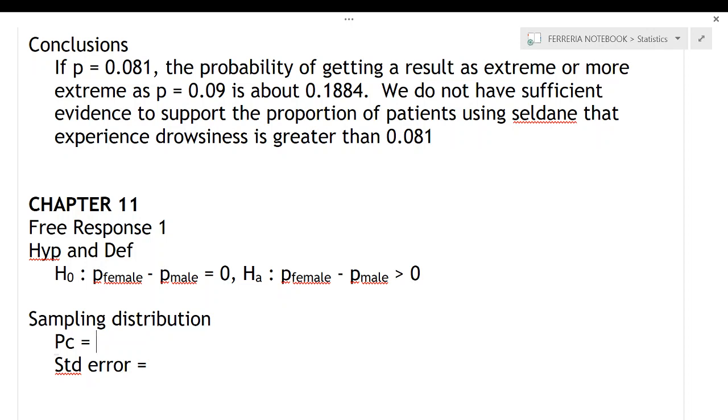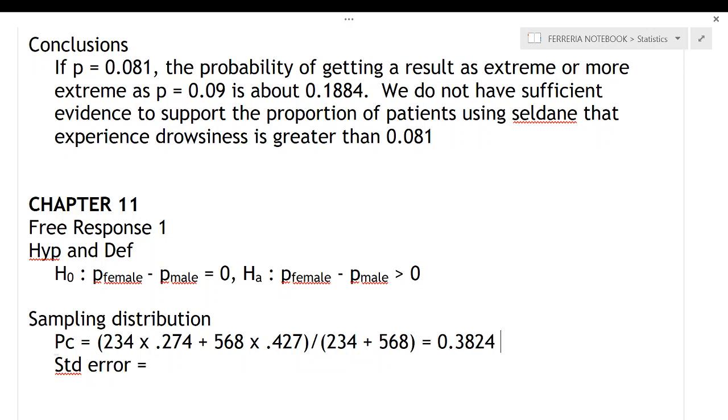So that's 234 times 0.274 plus 568 times 0.427, divided by 234 plus 568. So there's my P C, 0.3824.